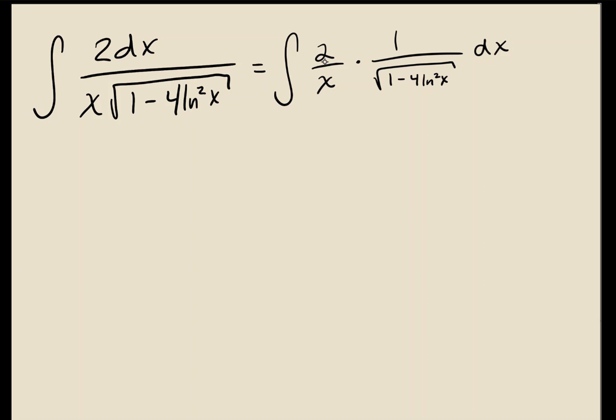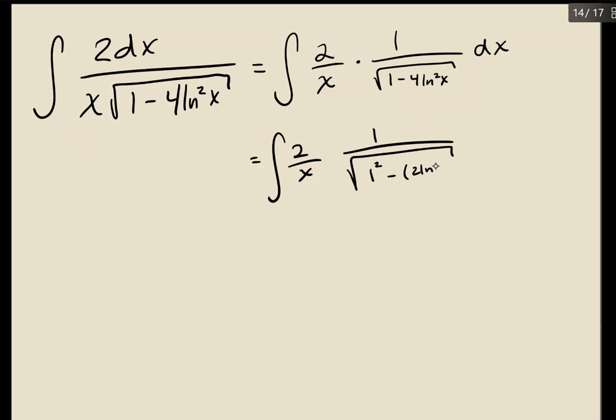So maybe we could find a way for a U substitution to work. But as we look at this more, we notice that this interior is 1 squared minus 2 ln of x all squared. dx.